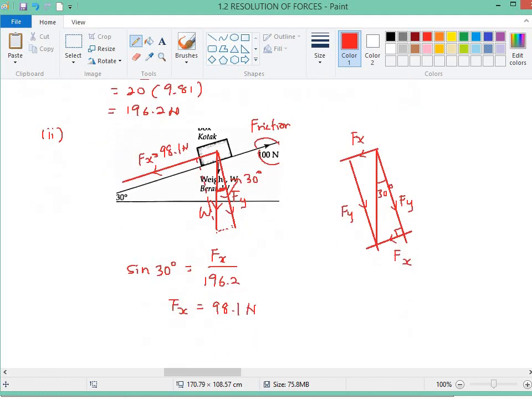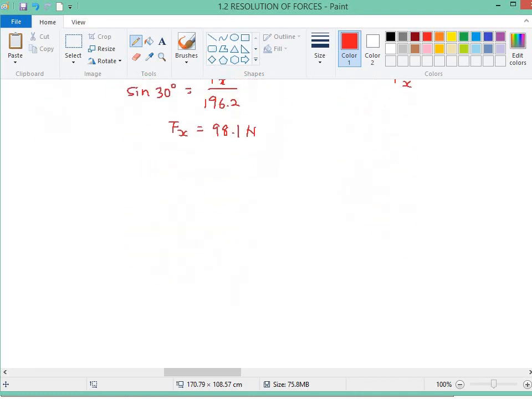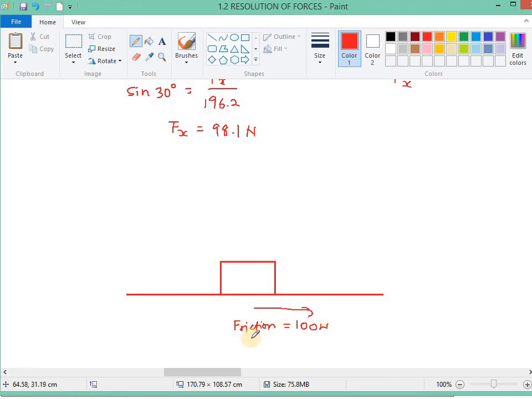The magnitude of the friction will follow the force that is acting on the object. Example: let's say we have a surface and an object on this surface. If the friction is 100 Newton, this is the maximum friction.